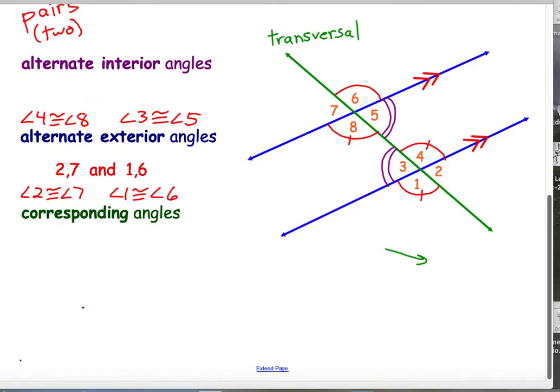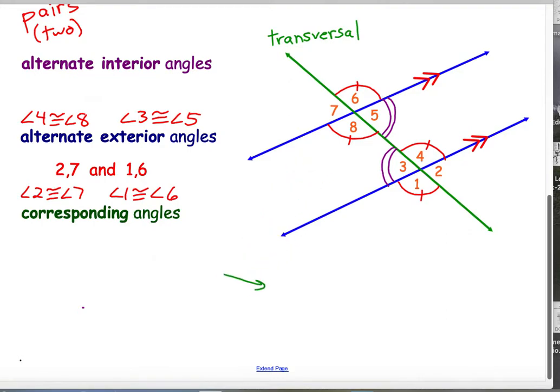So I'm going to use the same mark on 1 that I did on 4 and 6 and 8. That tells me, because of those 2 theorems, that 1 and 4 and 8 and 6 are all the same. So if I tell you angle 1 is, let's say, 110 degrees, you already know this is 110, that's 110, and that's 110.